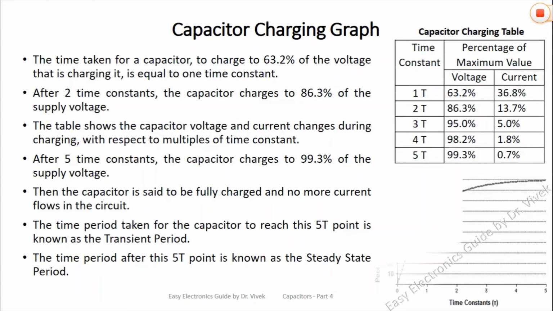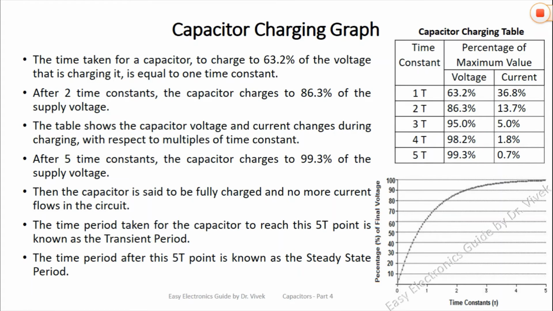The time taken for a capacitor to charge to 63.2% of the voltage that is charging it is equal to 1 time constant. After 2 time constants, the capacitor charges to 86.3% of the supply voltage. The table shows the capacitor voltage and current changes during charging with respect to multiples of time constant.